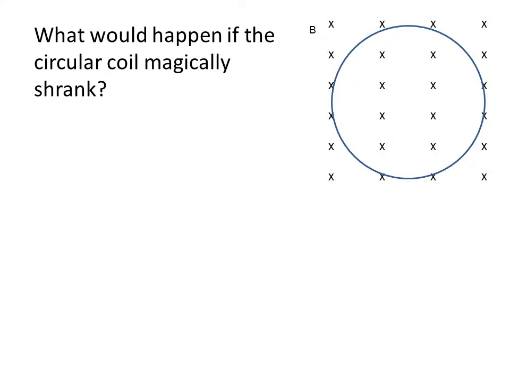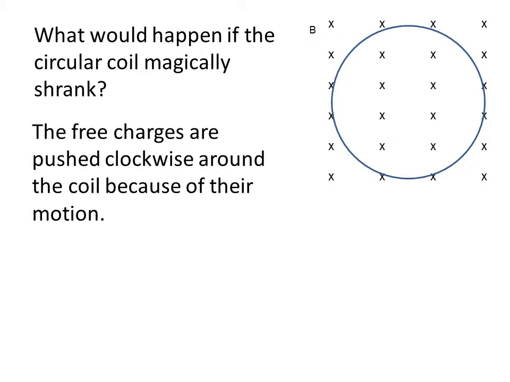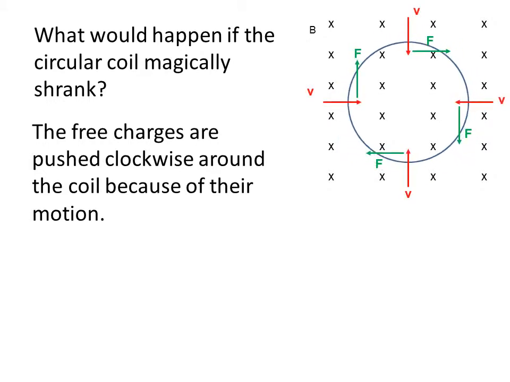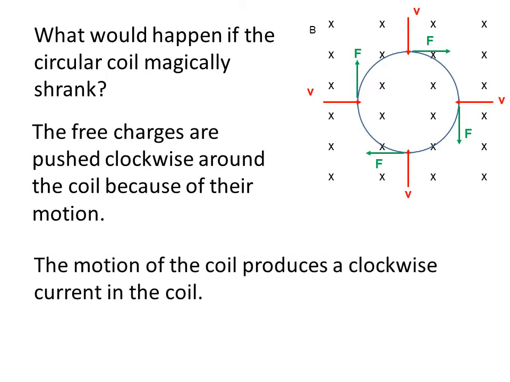What if we took the coil and shrank it like this? You should see that the free charges would be pushed clockwise around the coil because of the motion. Because of the clockwise push, we should get a clockwise current.